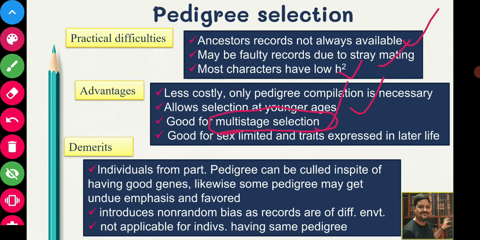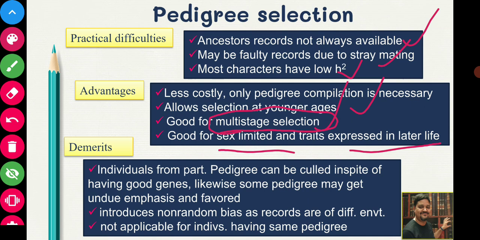Then another point is that it is good for sex-limited traits and traits expressed later in life. Just see, in case of individual selection, you were not able to select males for milk yield. Why? Because the trait was sex limited. But here in pedigree selection, you can select males also for milk yield. Why?